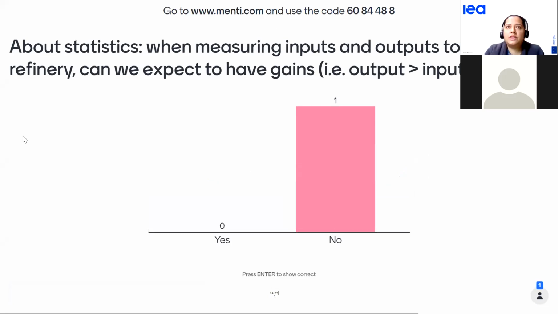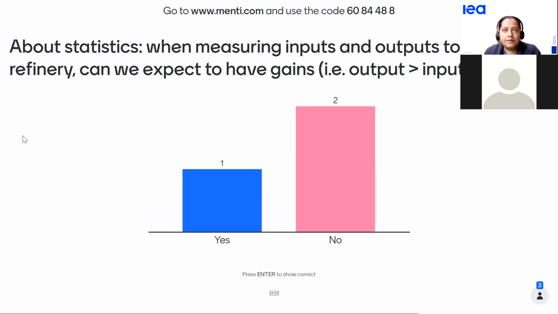The first question is about statistics. When we measure inputs and outputs to a refinery, can we expect to have gains? Is it possible to have output greater than input? Here it's about statistics, not balances, so we are talking in MBD, in kilotons, in physical units.